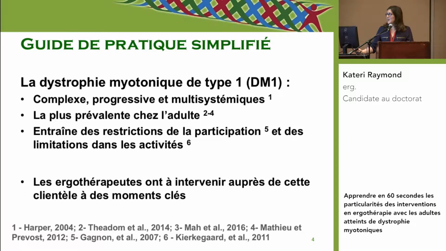So, the simplified practice guide. Well, everybody knows MD1, everybody knows there are many characteristics which can lead to restrictions to social participation. So occupational therapists, or OTs, will need to intervene in key moments during the disease's progression with people who have MD1. And we'll find OTs in first line, second line, and third line who will make interventions.